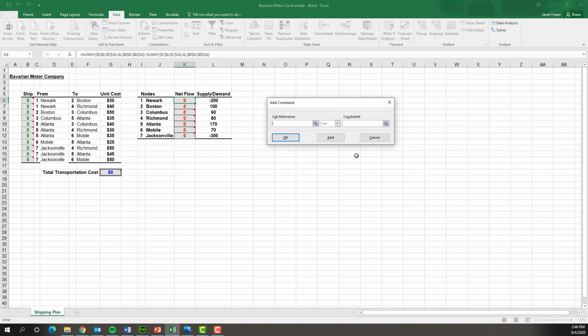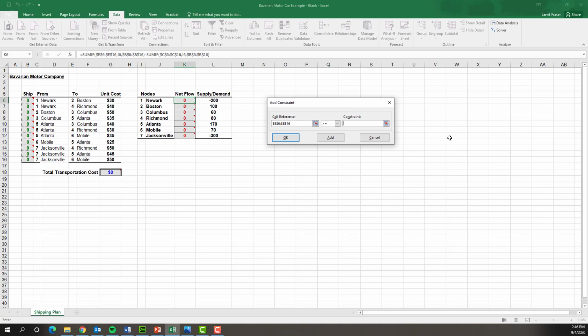And then we have one other constraint, and that is the vehicles shipped. So our variable cells, B6 through B16, we need these to be greater than or equal to 0. We want to do our very best to satisfy the demand in each of our nodes.